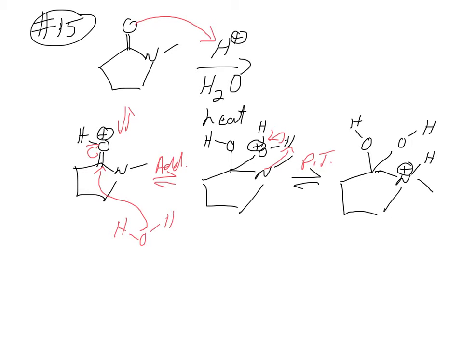So now it's a better leaving group, right? So what's going to happen now, I'm going to have the OH electrons come down. We'll make H plus that way. Kick out the nitrogen, the best leaving group. So now I have a carboxylic acid. I made H plus, right?